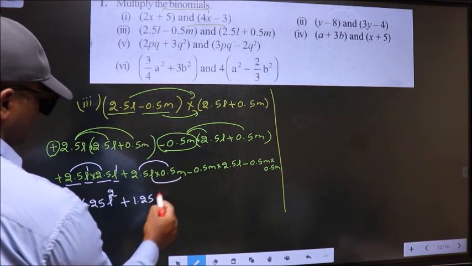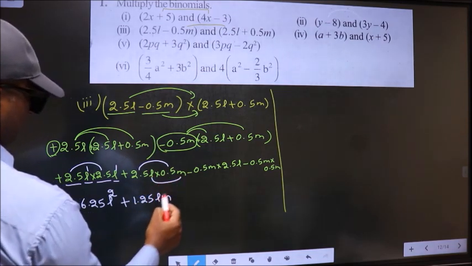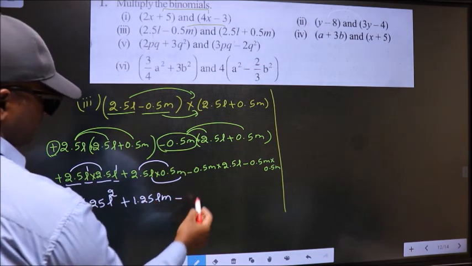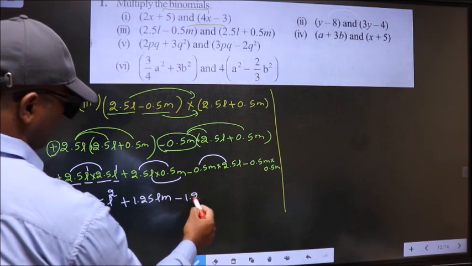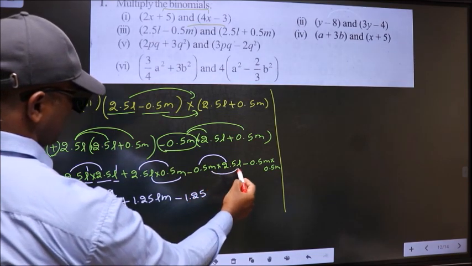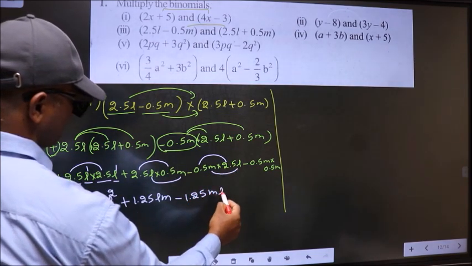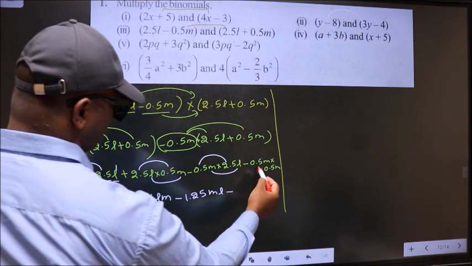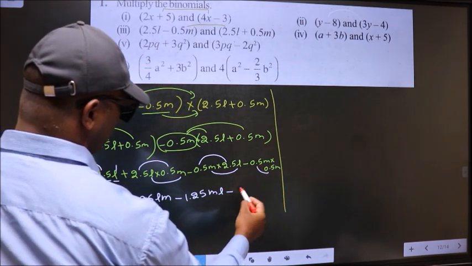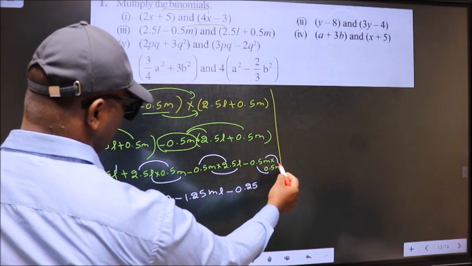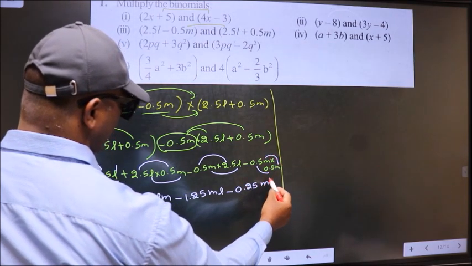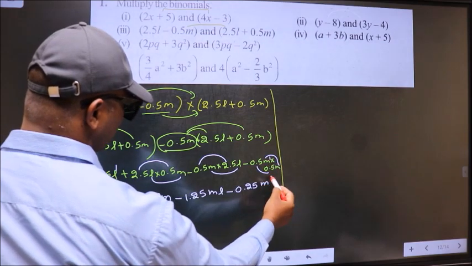Letters are different, so you write as it is LM, minus 0.5 into 2.5, 1.25. Letters are different, so you write as it is, minus numbers 0.5 into 0.5, 0.25. M into M, M you write and add the powers, 1 plus 1, 2.